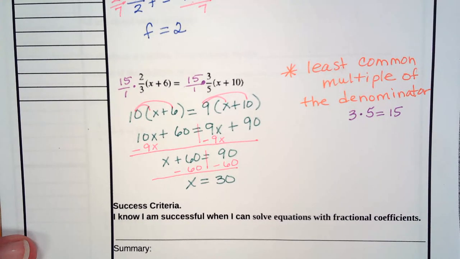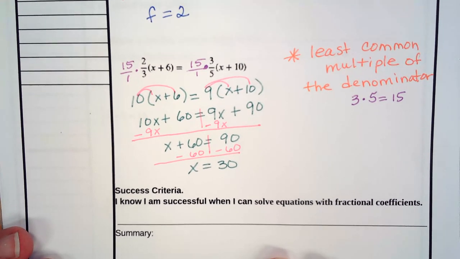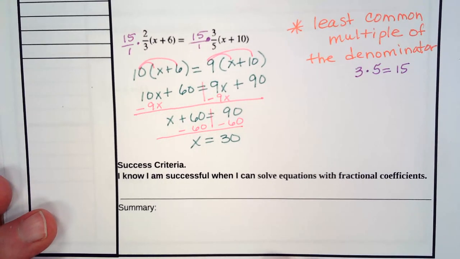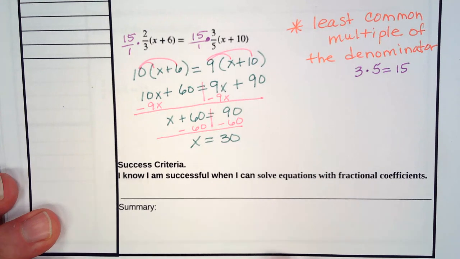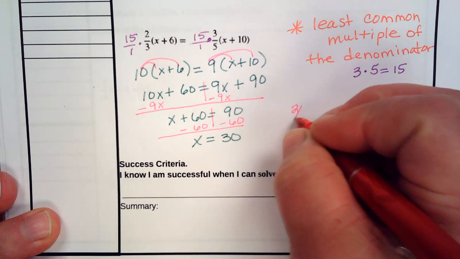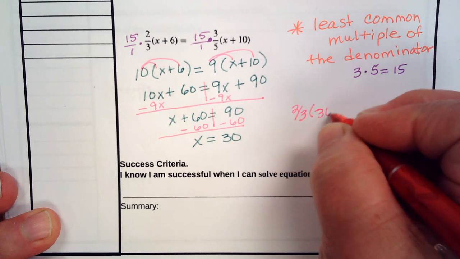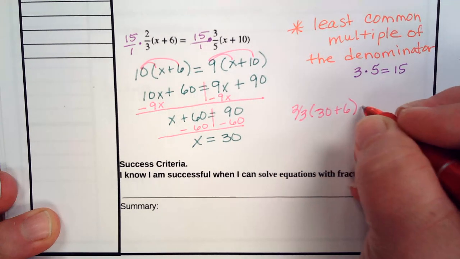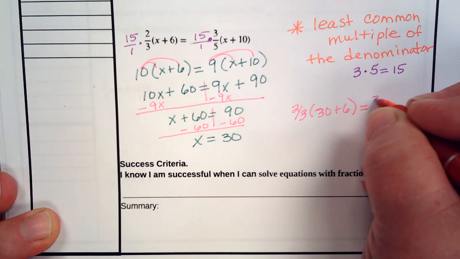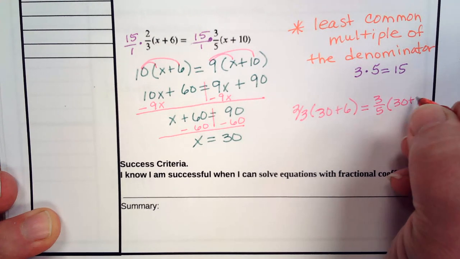You can check your answer by substituting it back in. And you should, when you're doing your work, if you have time and if you can do it. So go ahead and let's check. Okay, so this is going to be 30 plus 6. It needs to be equal to 3 over 5 times 30 plus 10.